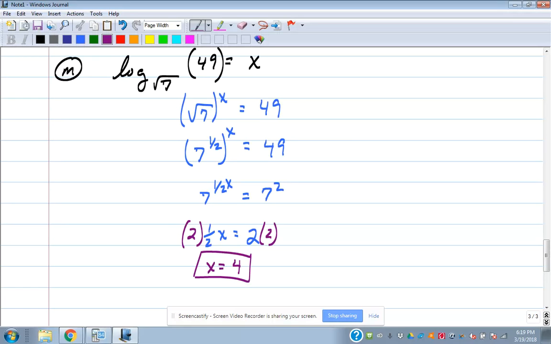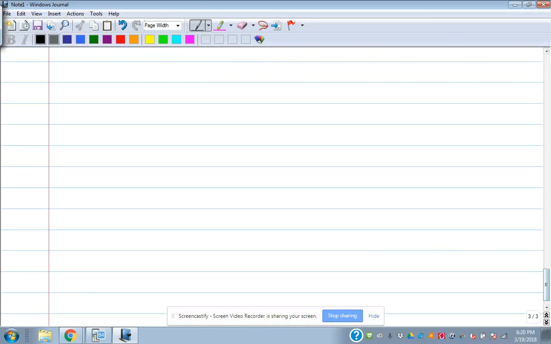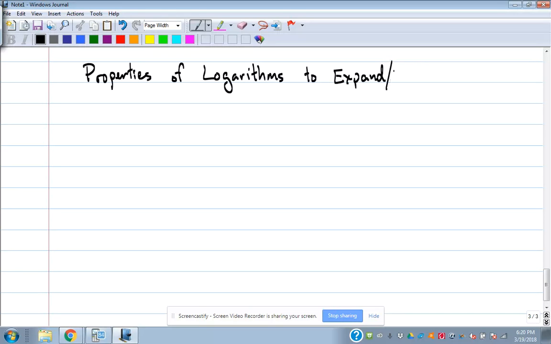All right. The next thing is going to be using properties of logarithms to expand or condense.